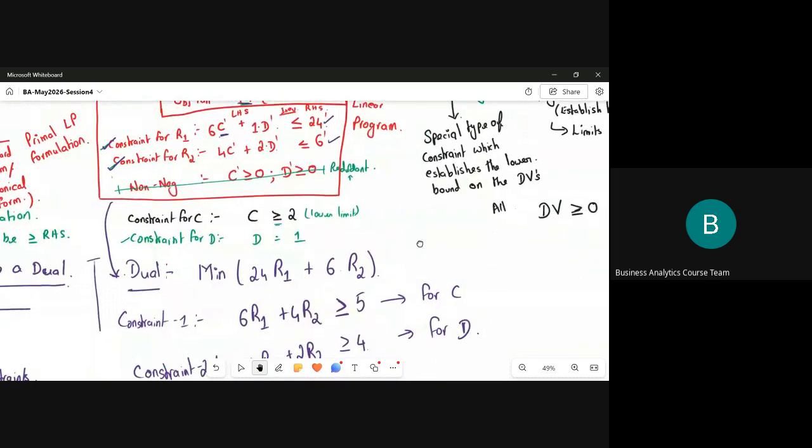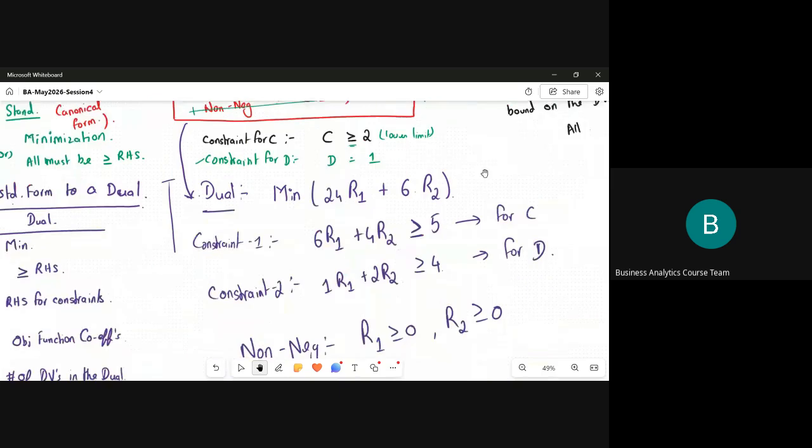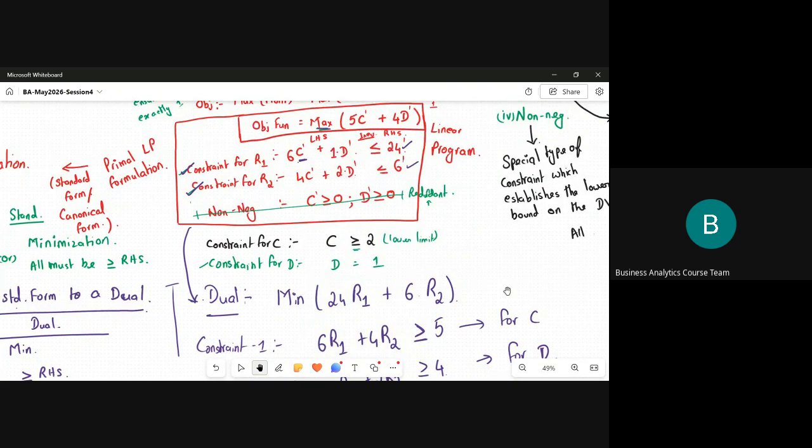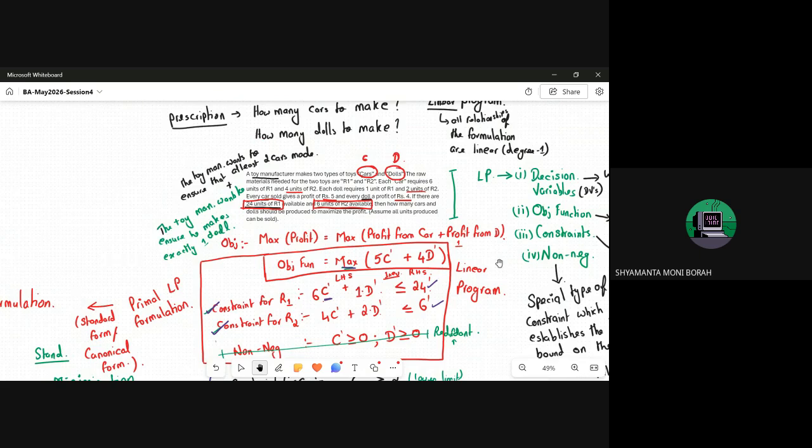Okay. So now, can you tell me why this is known as the primal and this known as the dual? It could be that the dual becomes the primal and the primal becomes the dual. No. Why is the red one called the primal? Because it is directly based on the business requirement. What is the business requirement? Maximizing the profit.